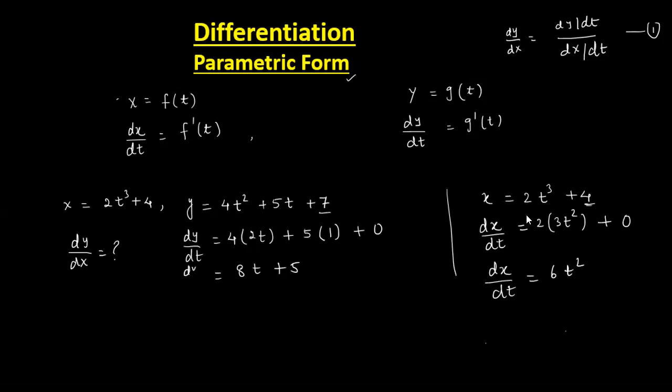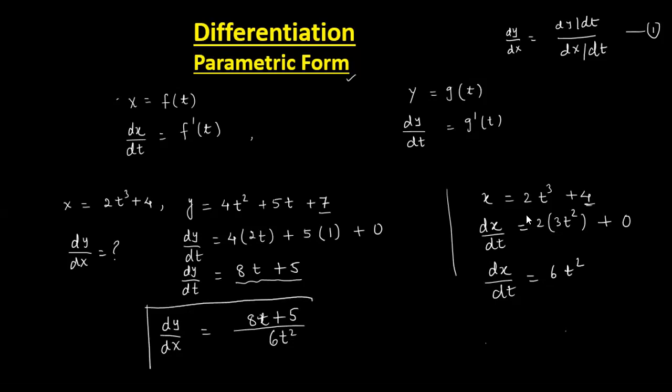So now, since we have already found dy over dt and dx over dt, let us write dy over dx. This is dy over dt, which is 8t plus 5, over dx over dt, which is 6t square, and this is our answer.